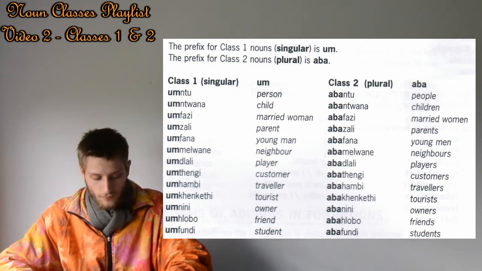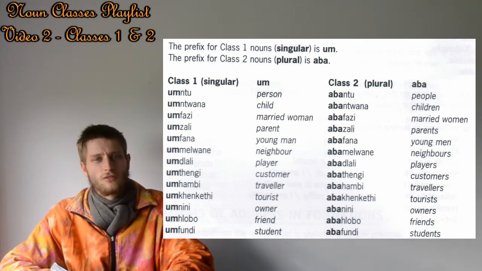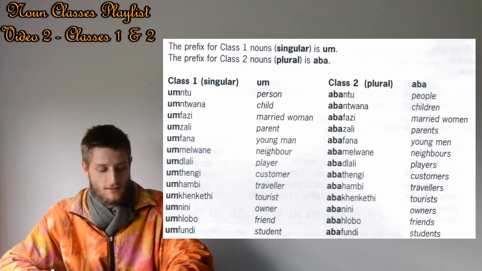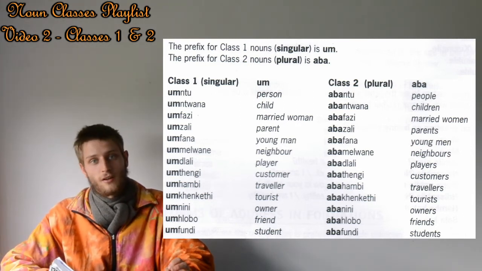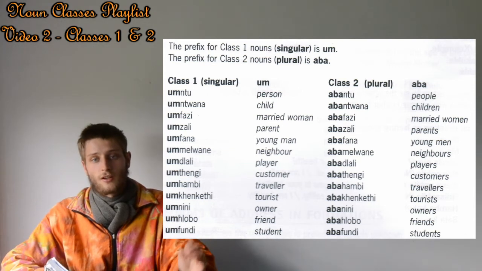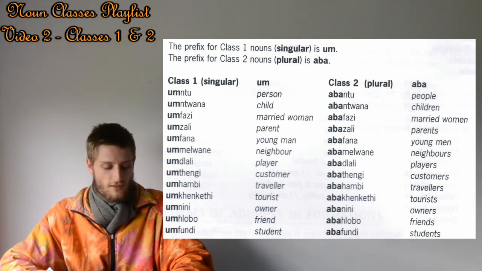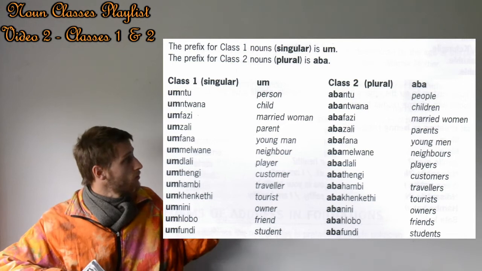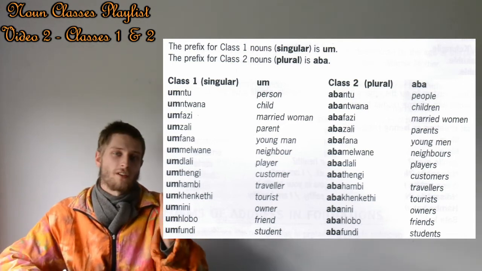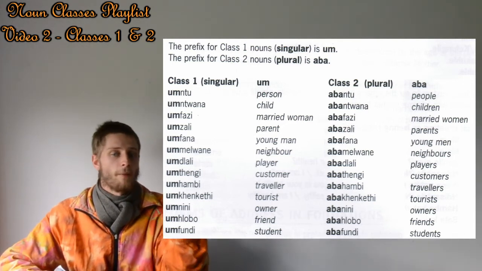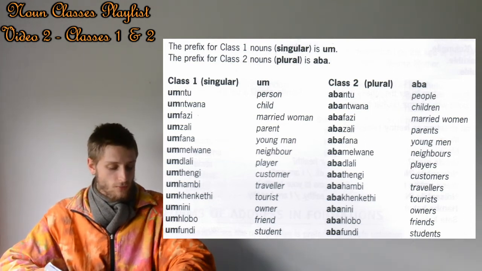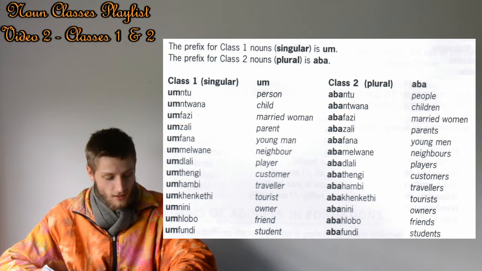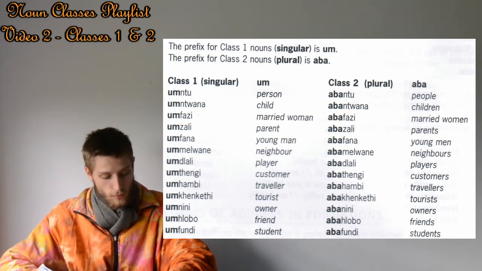The important thing to note and observe is the noun prefix, because that is how you'll identify whether a word is in a particular class. For example, with umntu the prefix is um, and for abantu it's aba. You can see that through all of the examples, guys. Umntwana, umfazi, umzali, umfana, umalumane, umdlali, umthengi.